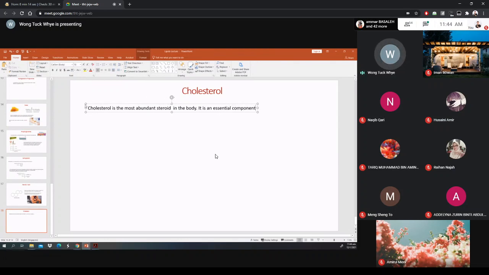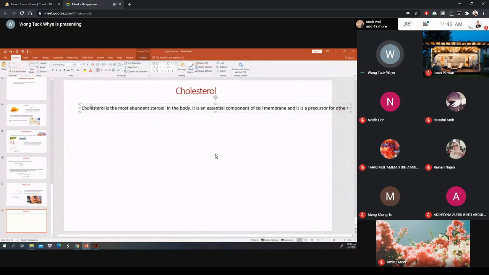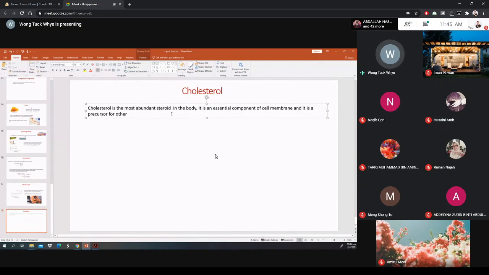Okay, cholesterol is the most abundant steroid in the body. As I mentioned, it is something for energy storage or somehow. So it is an essential component of the cell membrane. Okay, and it is a precursor, a key stuff for other steroids. Precursor means that you are actually a reactant or a component that you have to build another type of steroid from.